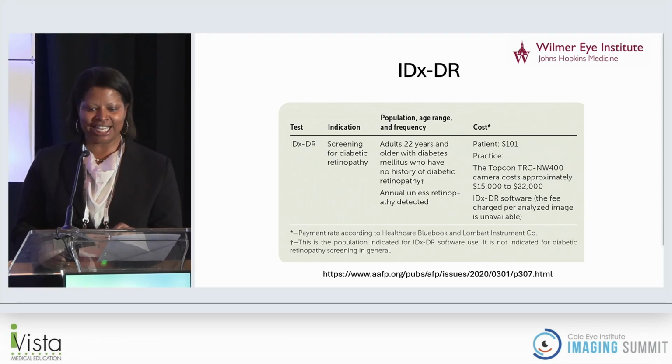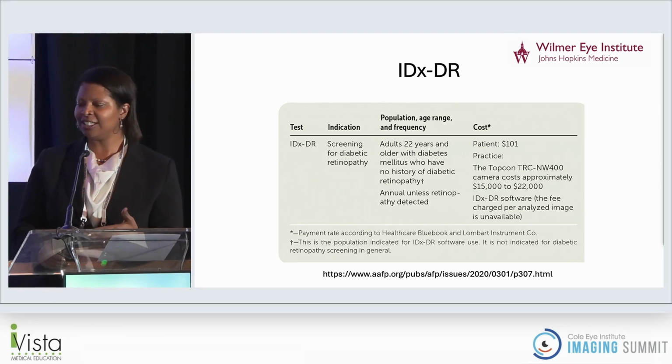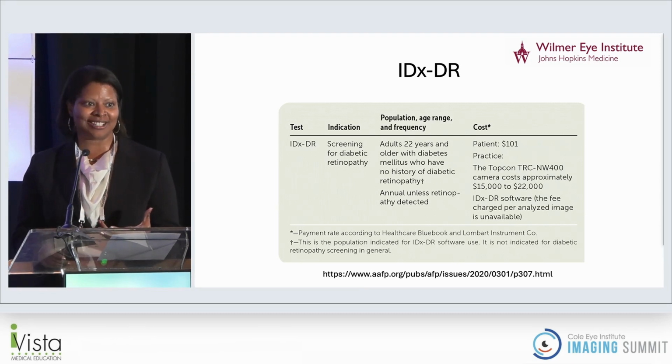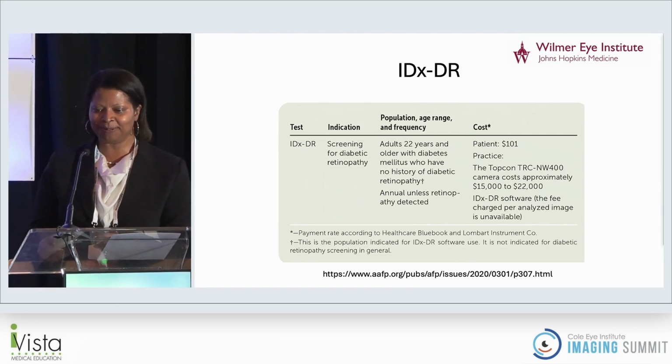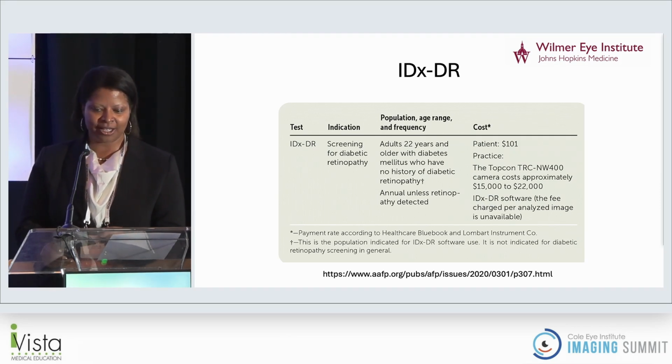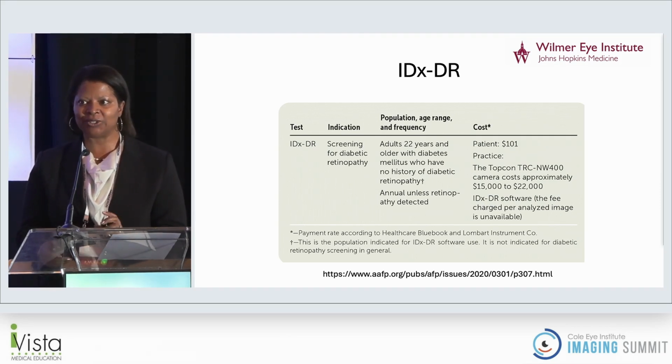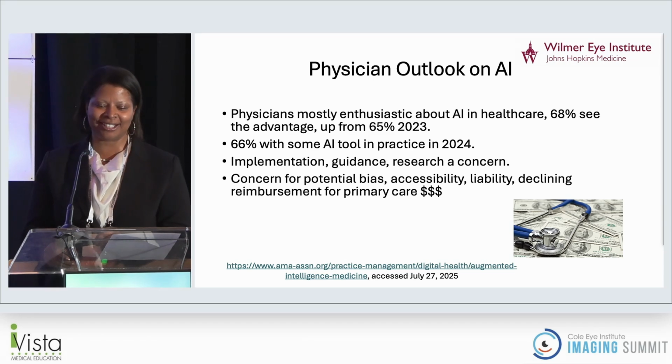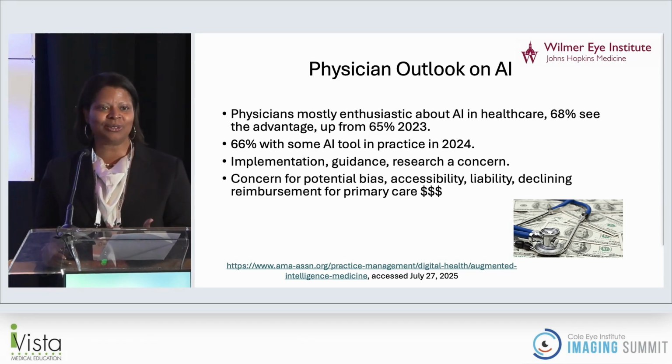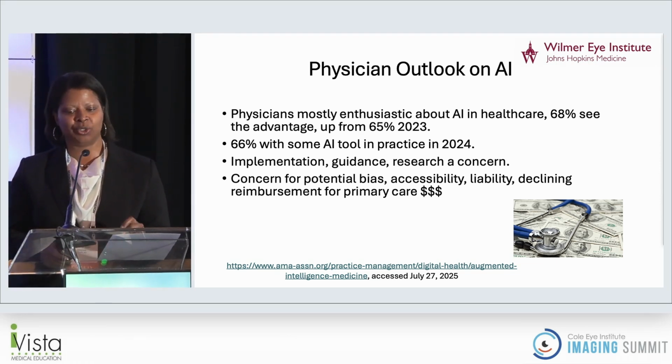So you can understand that people who do primary care or diabetes care may not be super excited about this, because you can see the onus of a pretty expensive camera and what the reimbursement is, and there's a significant mismatch there. This information was taken from the American Academy of Family Physicians, and there's some mixed feeling about whether this is really a financially lucrative endeavor. Physicians are mostly enthusiastic about AI in healthcare: about 68% see the advantage, gradually rising, and about 66% had some form of AI tool in practice in 2024.